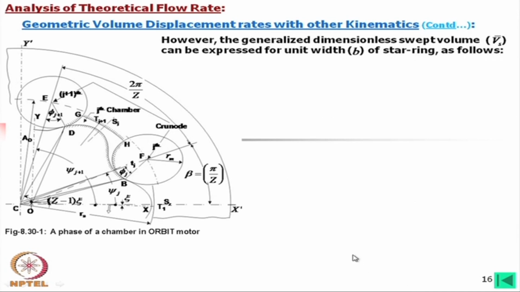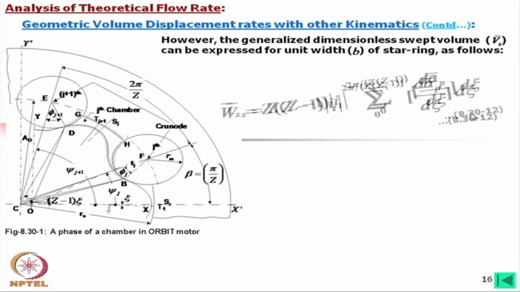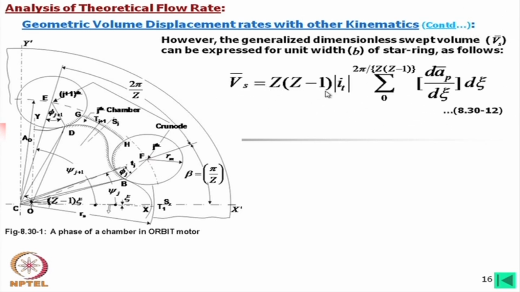However, the generalized dimensionless swept volume V s can be expressed for unit width. Width is given by B of star ring as follows. What we do is, first we calculate this, it is 1 for say the orbit motor, and then we multiply with this.